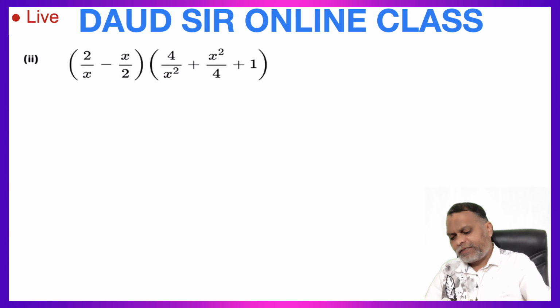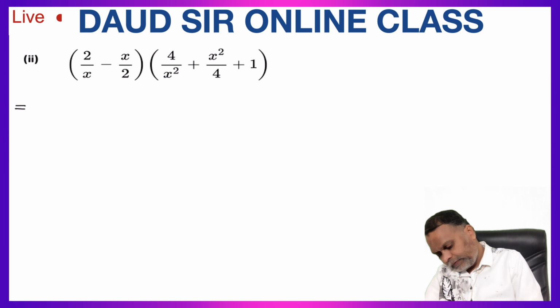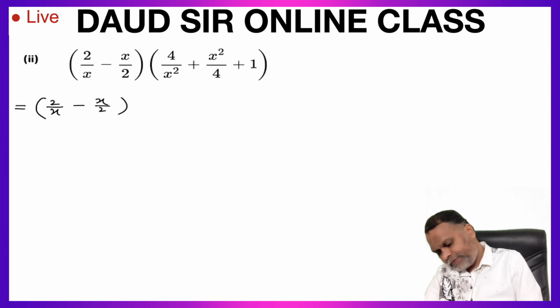Question number 6, part second. 2 upon x minus x upon 2 into 4 upon x square plus x square upon 4 plus 1. So this we can write 2 upon x minus x upon 2 as it is in first bracket.